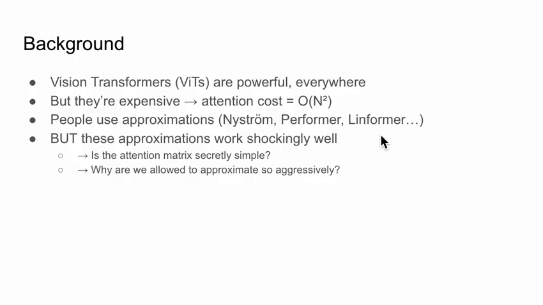But here's a problem: we actually don't know why they work. We didn't have a theoretical or structural explanation. This paper finally provides one. It says the attention inside the ViTs is secretly structured, extremely structured, and we can exploit that.